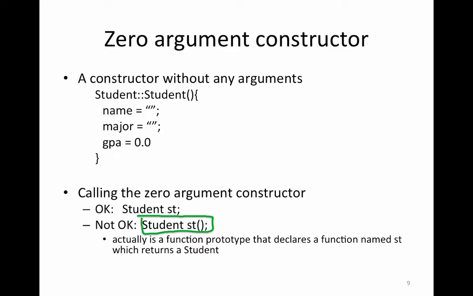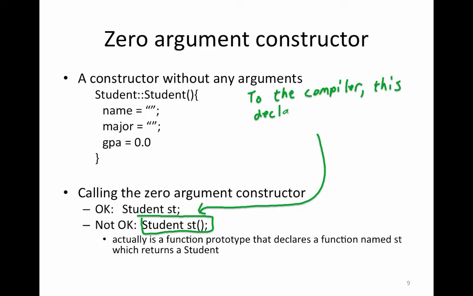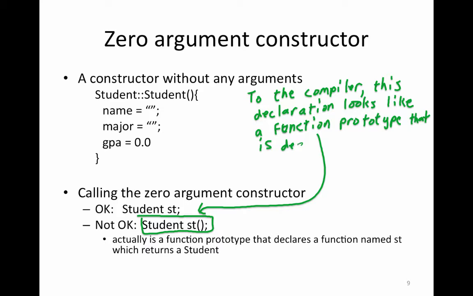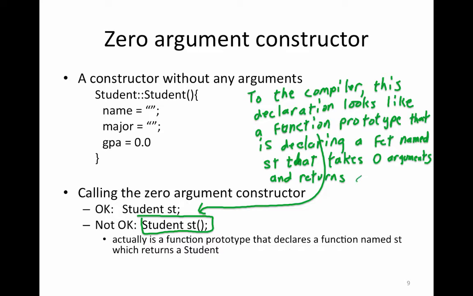This looks like a function, okay, so to the compiler, this declaration looks like a function prototype that is declaring a function named st that takes 0 arguments and returns a student object.